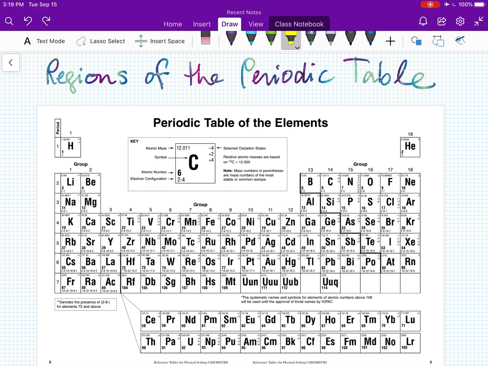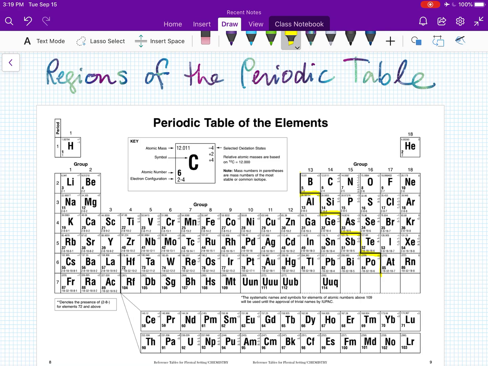This is the periodic table of the elements, and you'll notice here that there's a thick line between boron and aluminum, and between silicon and aluminum, and silicon and germanium, and arsenic and antimony, and tellurium and polonium and astatine.